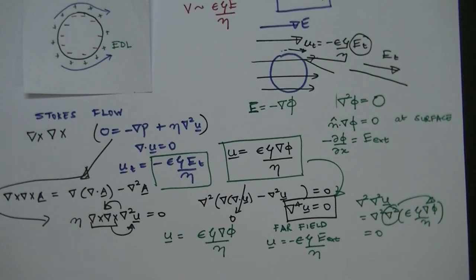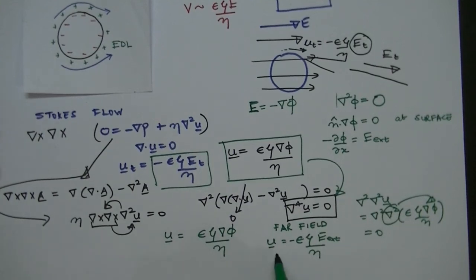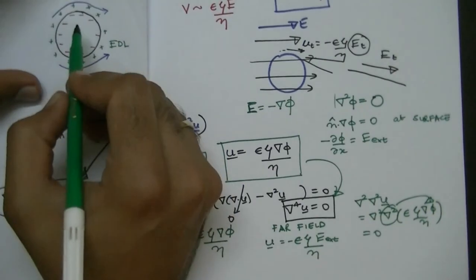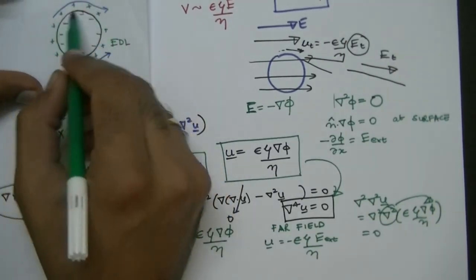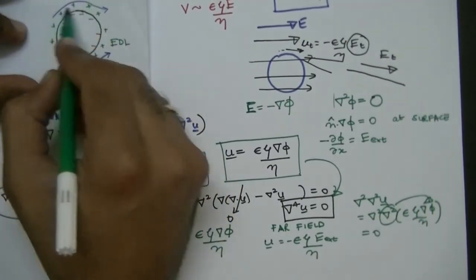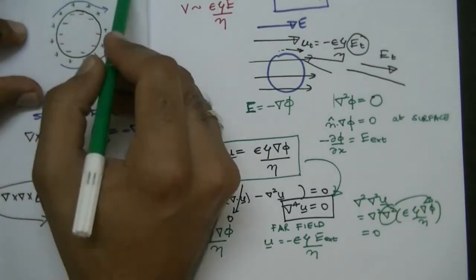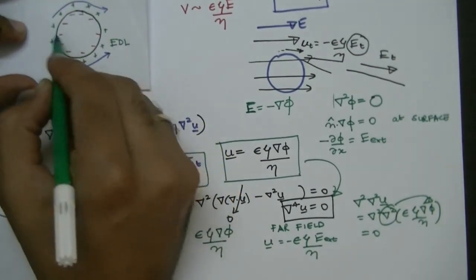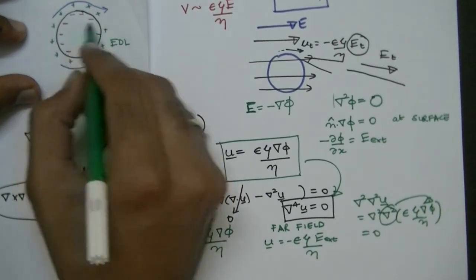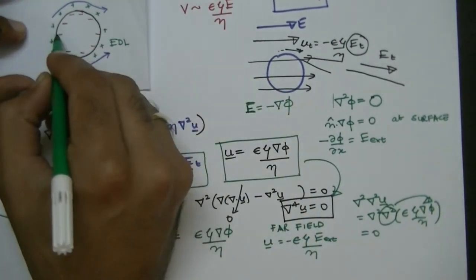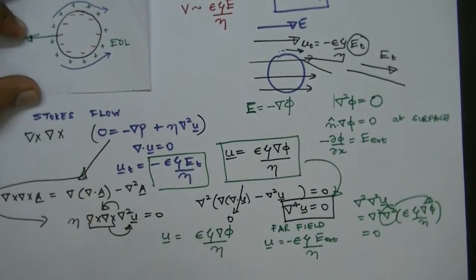But in our case we have the opposite problem. The particle can move and the fluid is stationary. So the particle moves in the opposite direction, and one would expect that, because if the particle is negatively charged, the flow is towards the right for a rightward pointing electric field, but a negatively charged particle will not move along with the electric field, it will move in the opposite direction.